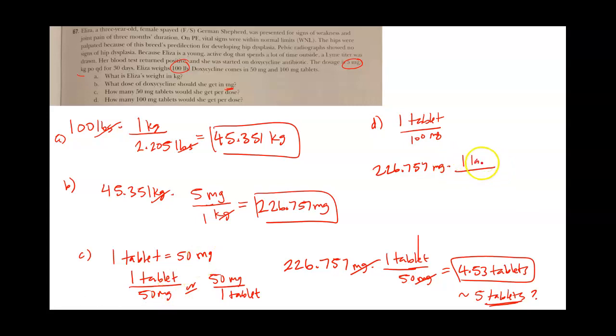So we're going to say 1 tablet over, now 1 tablet in this case is 100 milligrams, not 50. So the milligrams are going to cancel. Our units are going to be in tablets, so that makes sense because we want to know how many tablets to give. And then if you divide by 100, you're going to get 2.26757 tablets. And again, I'm guessing that you're going to have to round up because if you give 2, it might be too little. So I'm going to guess that you would have to give 3 tablets.